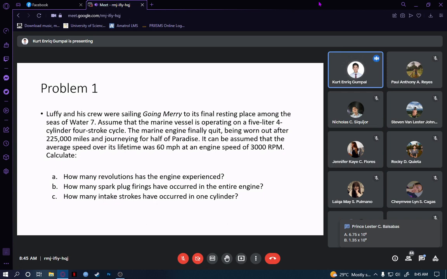Now, it's the same again for how many strokes are in one cylinder. Since your intake stroke is the same as the number of your firings, you just have to divide your 1.35 times 10 to the power of 9 by your number of cylinders, which is 4, which gives 3.375 times 10 to the power of 8. Okay?